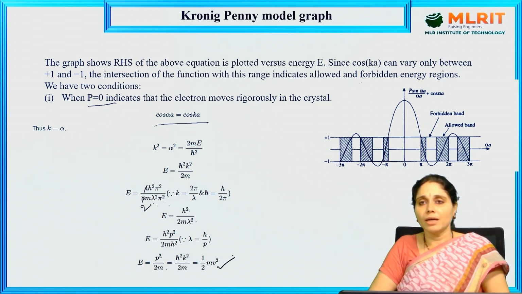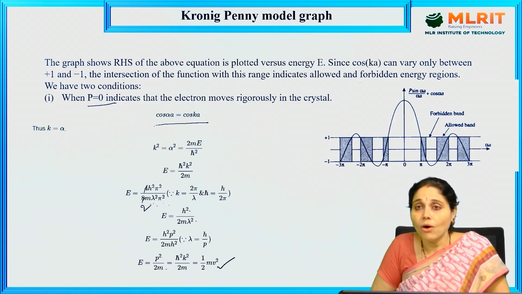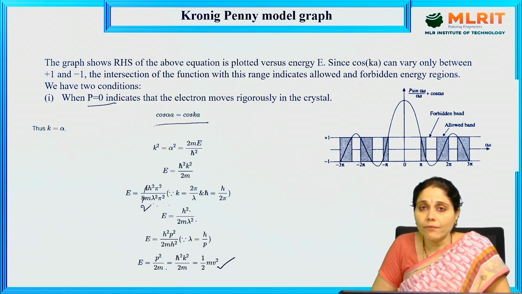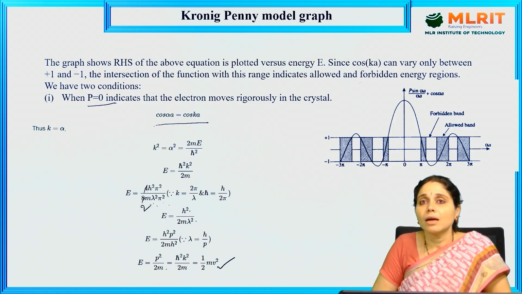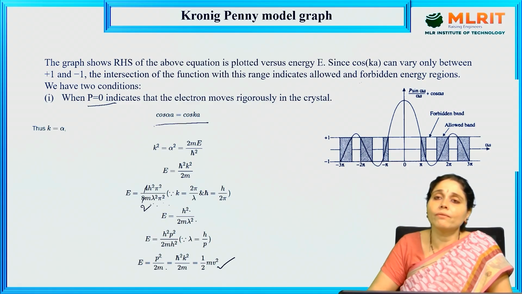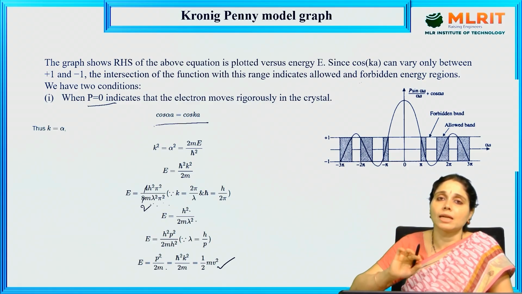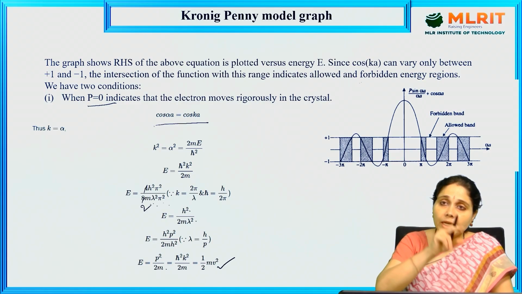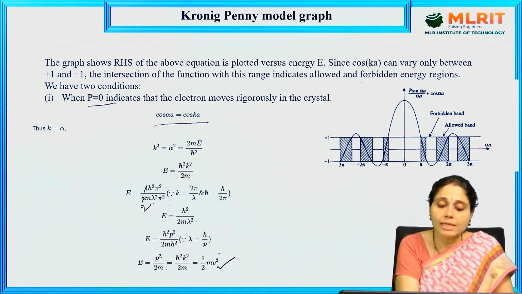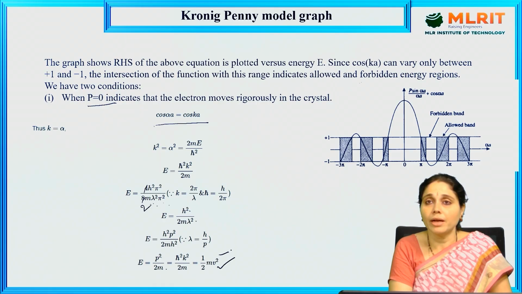What we got here is the proof that the energy associated with the electron within the crystal is half mv square, which means the kinetic energy of the electron. Kinetic energy means the electron will be moving freely within the crystal. So when the potential is 0, the final energy is kinetic energy, right?